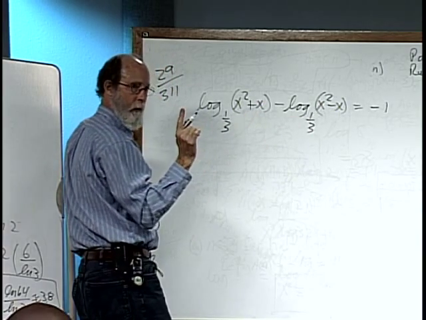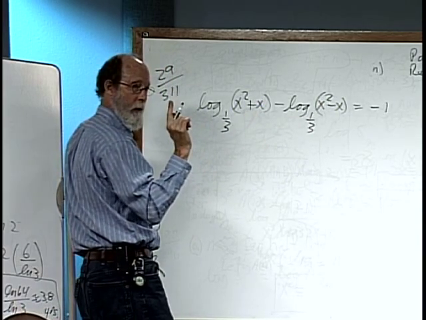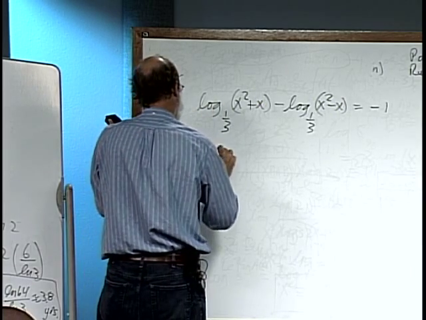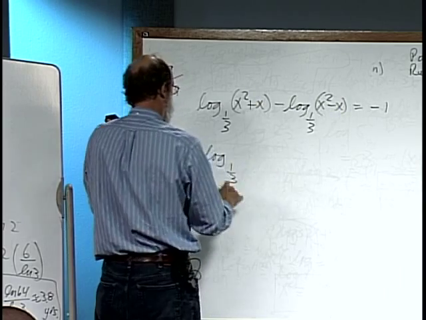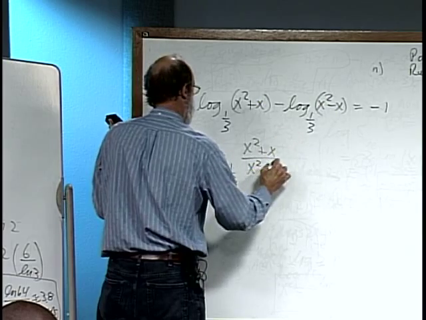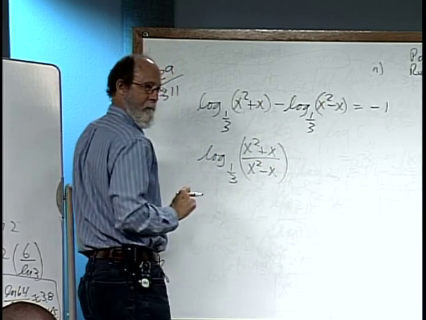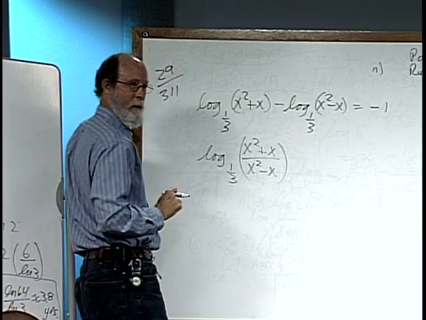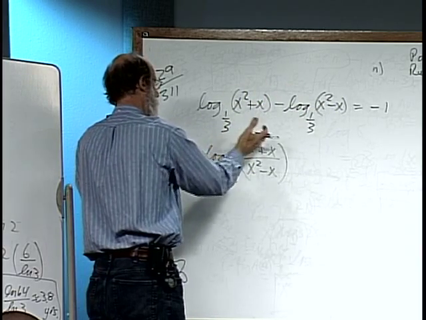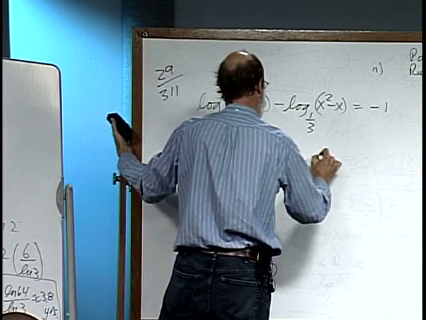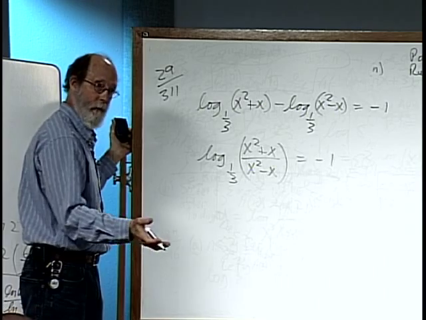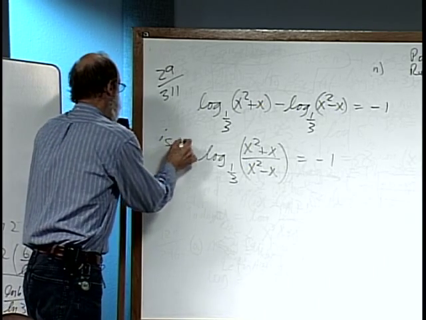So that collapses, doesn't it, by the quotient rule into a single logarithm: log base 1/3 of x squared plus x divided by x squared minus x. The difference of logarithms becomes the log of the ratio, and that's equal to -1. We have isolated the logarithm, which is necessary.